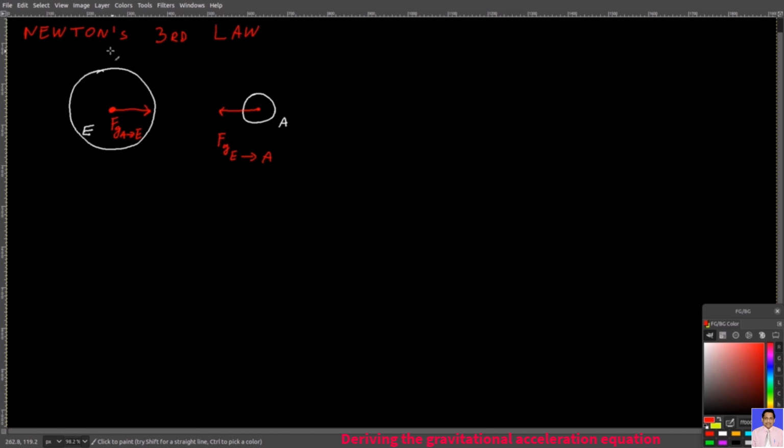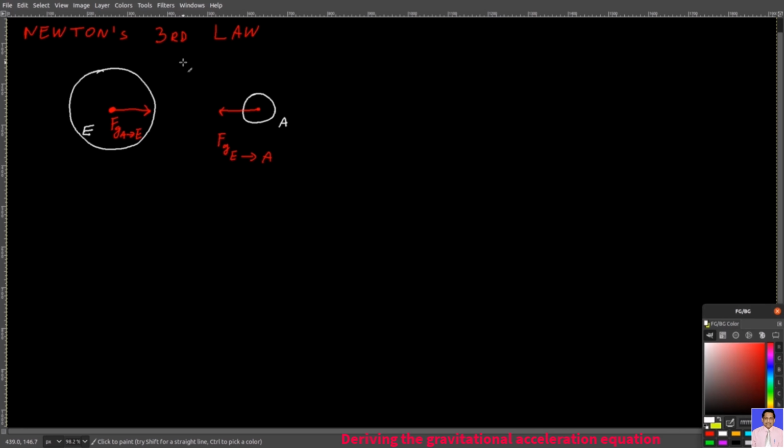Well, remember Newton's third law. According to this law, if the Earth applies force on object A, then object A applies force on the Earth, and they have the same magnitude, the same strength, but they are opposite in direction.